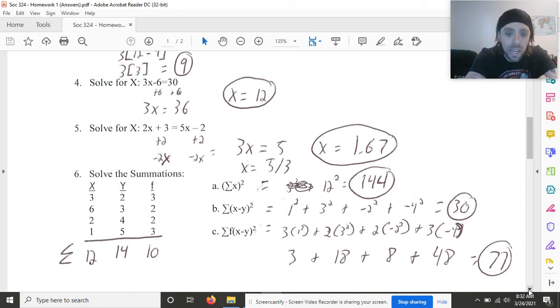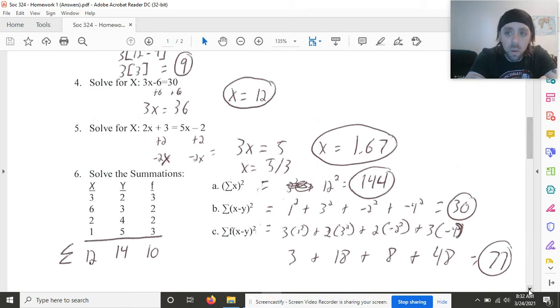So I know that I am multiplying 3 times 1 squared because I already did 1 squared in the earlier equation here. So f times x minus y squared, that's going to reduce to 3 plus 18 plus 8 plus 48. And that's going to sum to 77.